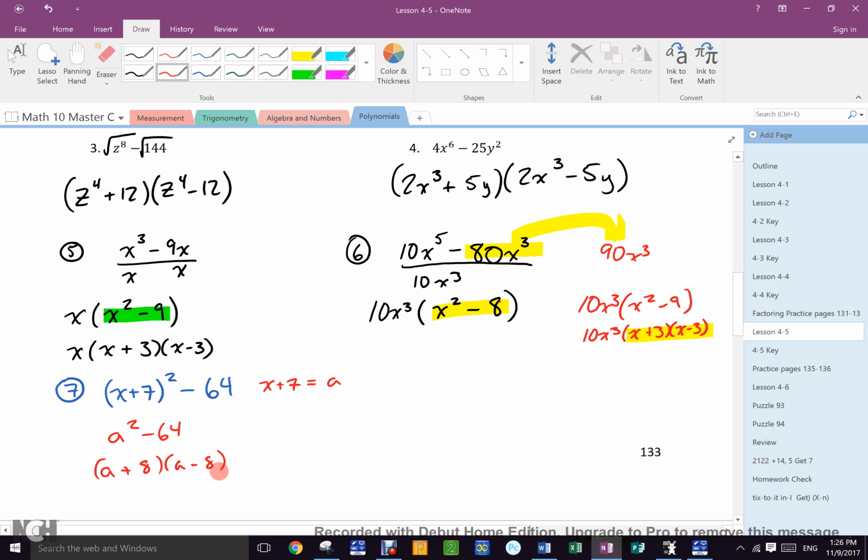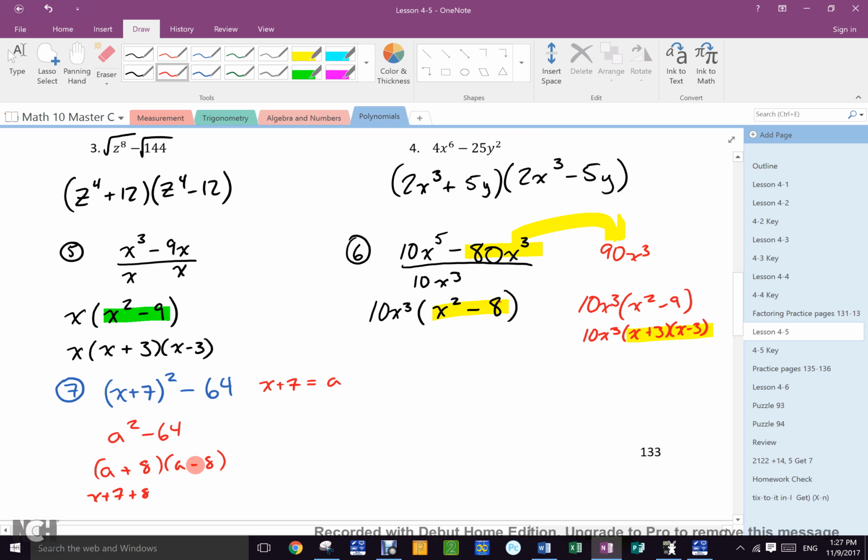Now, is A actually anywhere in this question? No, because I'm the one that made A. So this A isn't anywhere in the question, but what do I write there instead? x plus 7. So I come down to here, and I have x plus 7 plus 8.